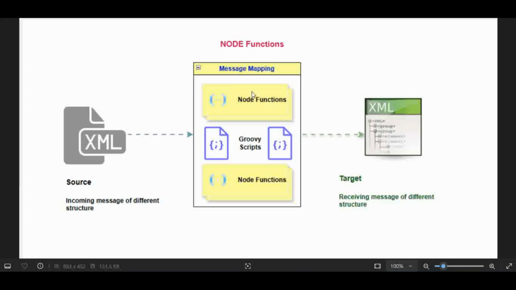That is where the node functions come into the picture. So how to handle the source node, read the message and transform it into a target node with the help of node functions and add-on Groovy scripts together. This is what a node function is going to do under the message mapping section.